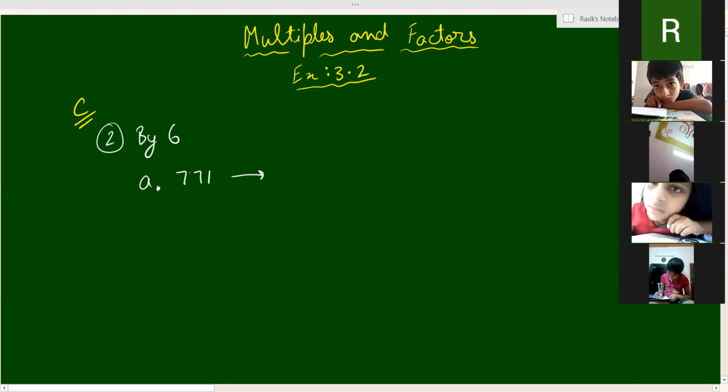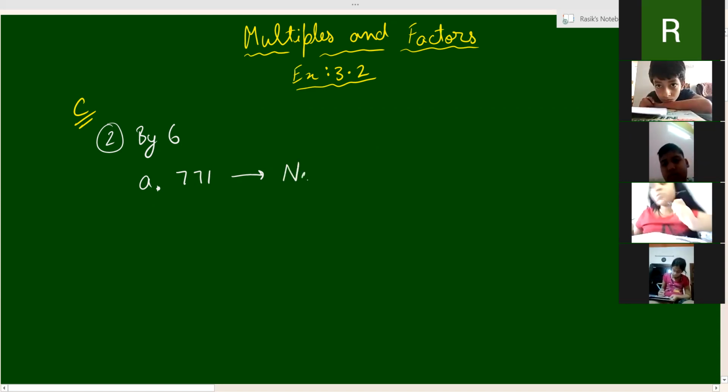Therefore, this number is not divisible by 2 and also not divisible by 6. So the answer is no. Odd numbers are never divisible by even numbers.